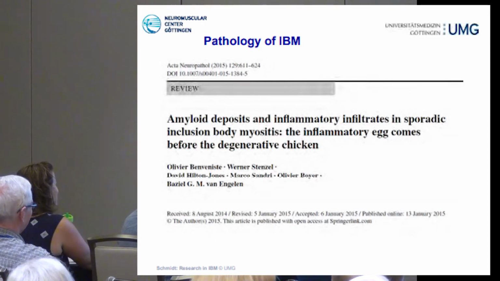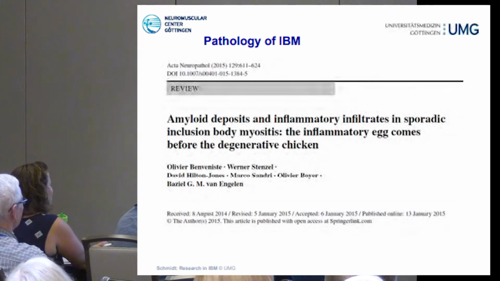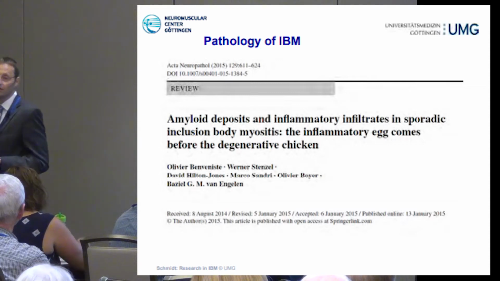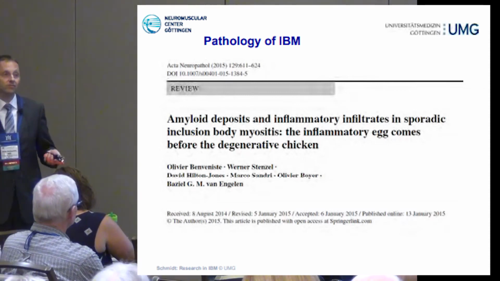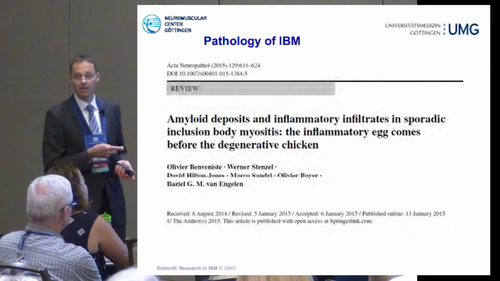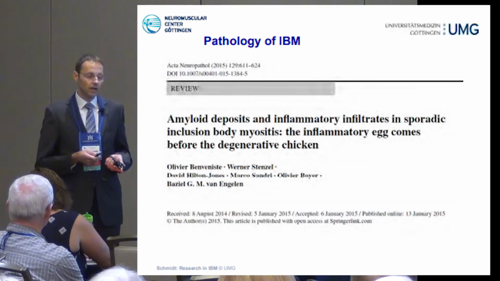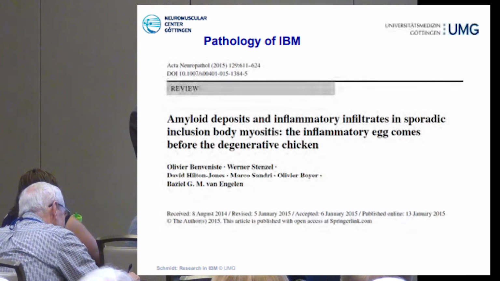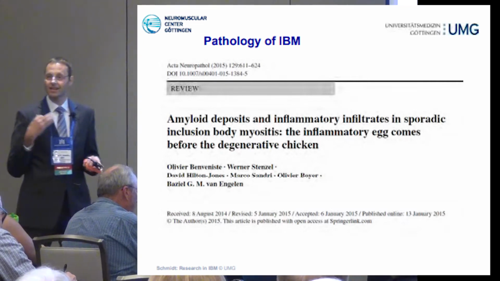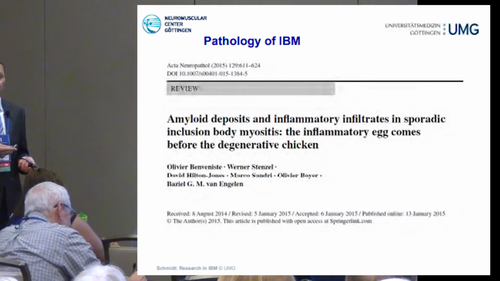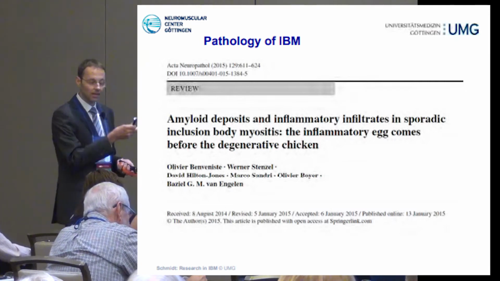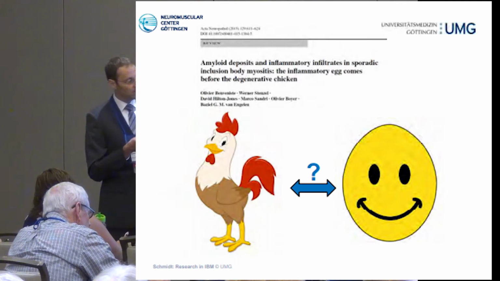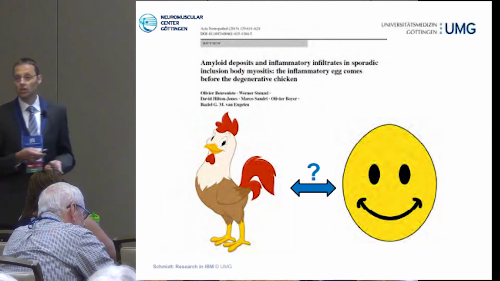So this is, of course, maybe quite provocative, because we do not have a true answer to this, but I hope that I can convince you within the next 30 minutes or so that there is a reason for this title, that at least I think we have more evidence to support the fact that the inflammation comes first, and then the degenerative chicken.